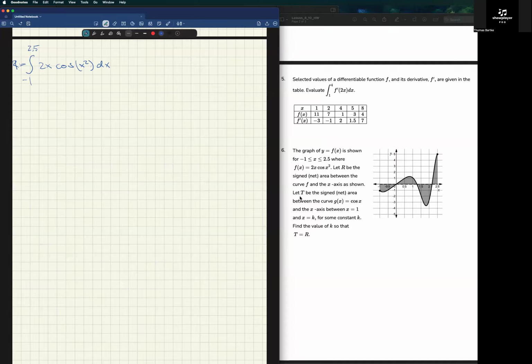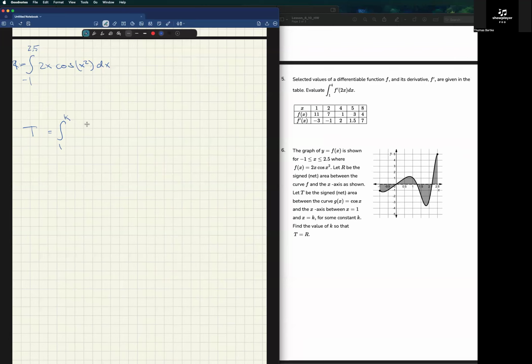Okay, fine. Now T is the signed net area between the curve and the x-axis between x equals 1 and x equals k. So this is a second thing here. So T is equal to the area between 1 and k.